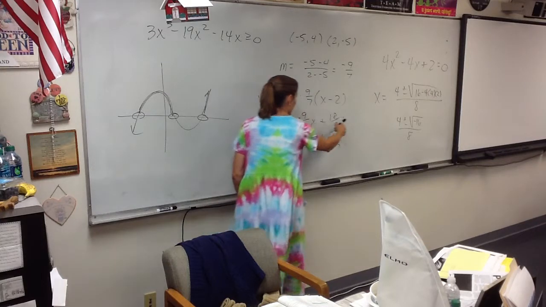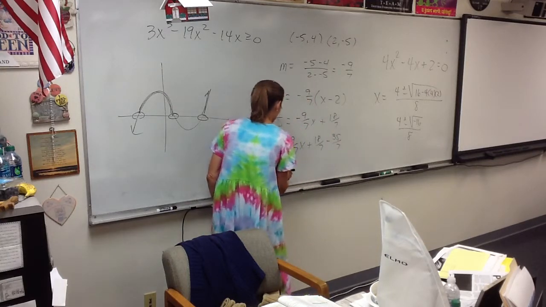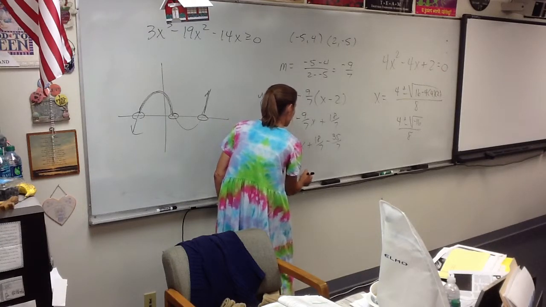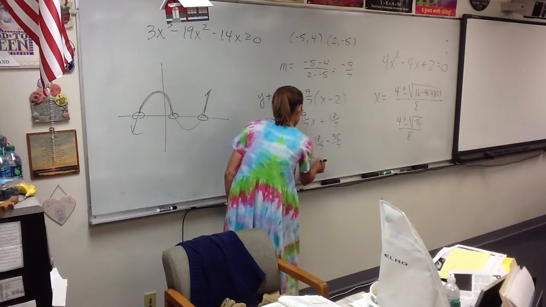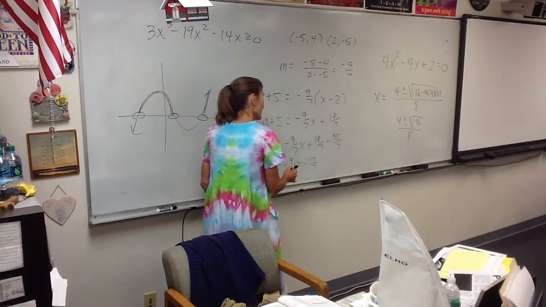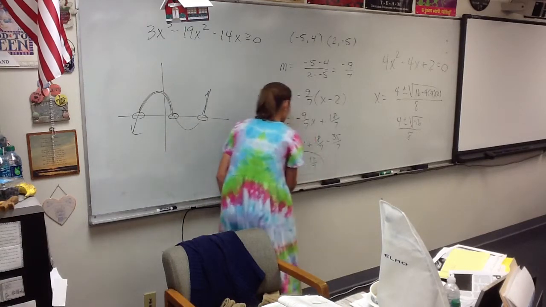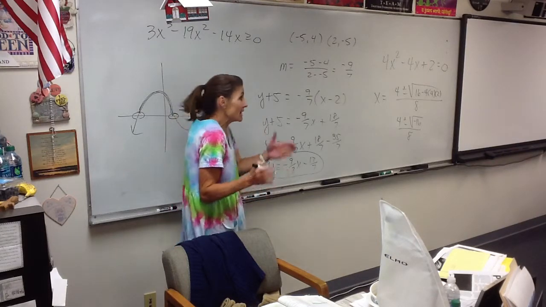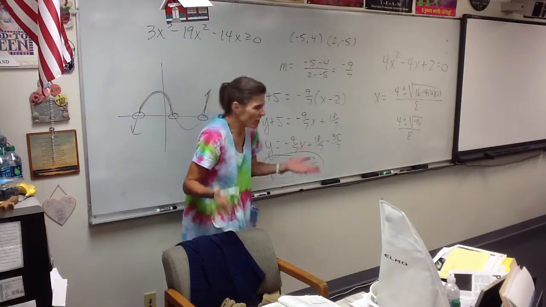I get a common denominator. So your line is y equals -9/7 x minus 17/7.